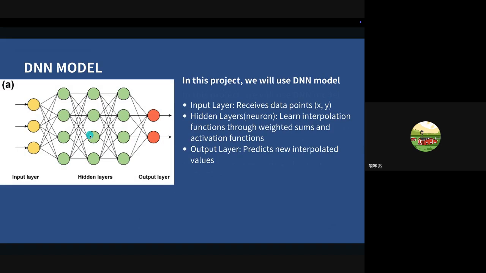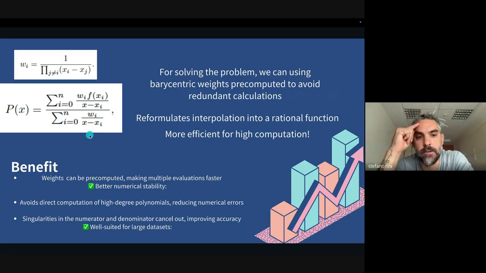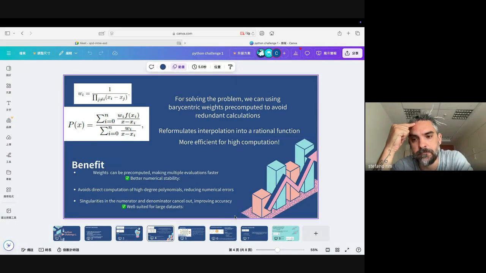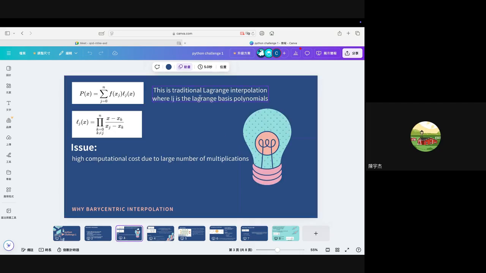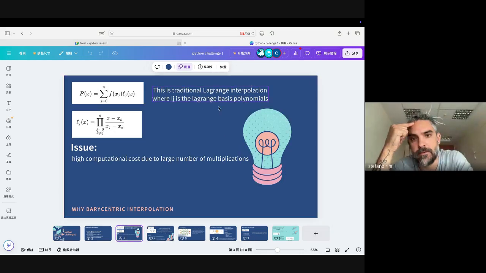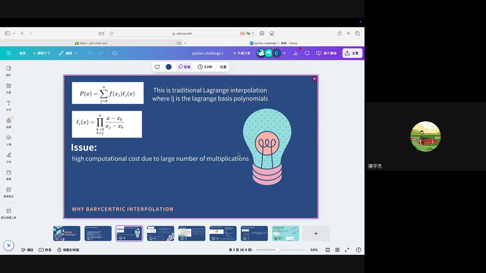Let me ask you a question. Very important question. Okay. Lagrange, where is Lagrange from? Lagrange is a mathematician, right? What's the nationality of Lagrange? German.